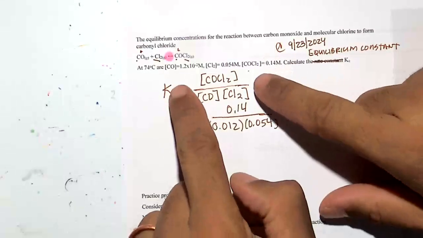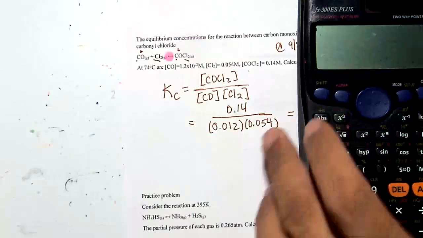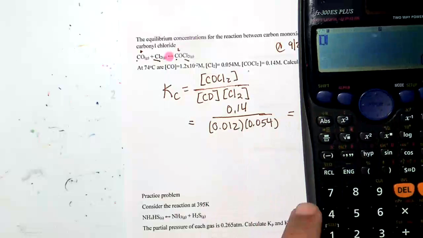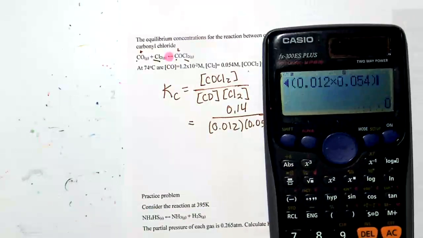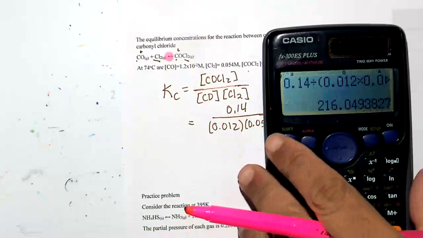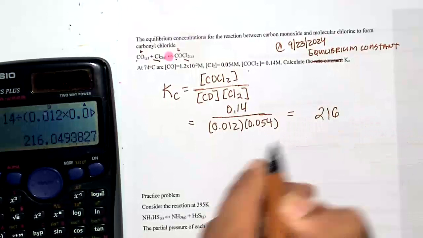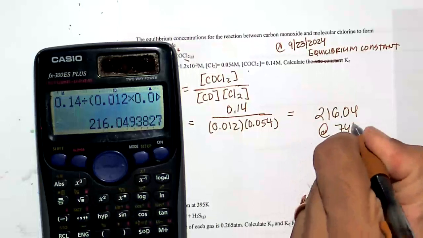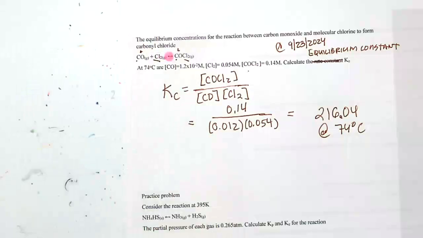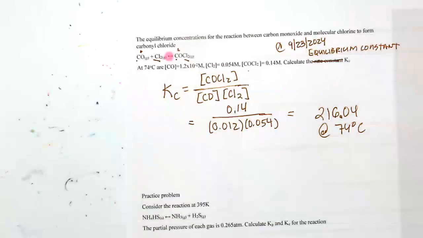All right, are you guys okay with my substitutions? All right, what's this on our calculator? $216 or something? $216.04, okay, at 74 degrees C. So question for you guys, does this number, 216, does this reaction at these concentrations favor the products or the reactants?